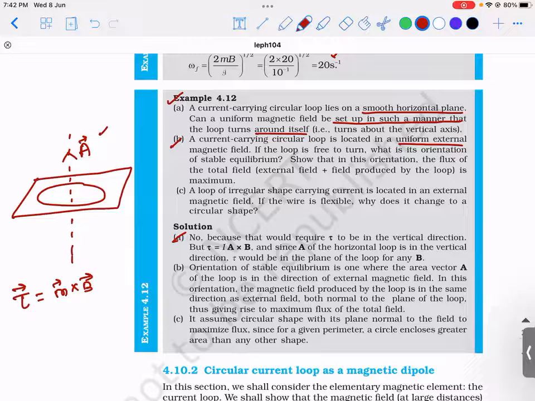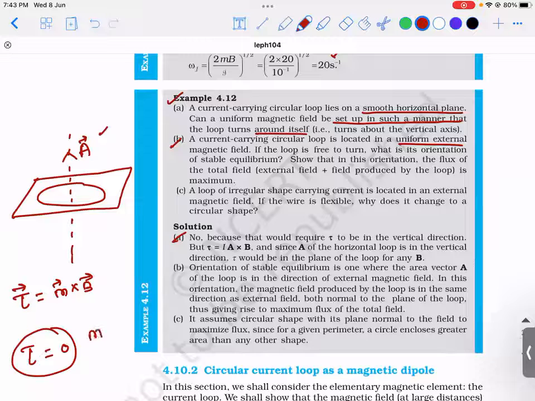The loop is free to turn. What is its orientation of stable equilibrium? Forget about flux, first answer the first part. When will it be in stable equilibrium? When it experiences zero torque. A current carrying coil placed in an external magnetic field will not experience net force, so the only thing it experiences is torque. If you make the torque zero, you get stable equilibrium.